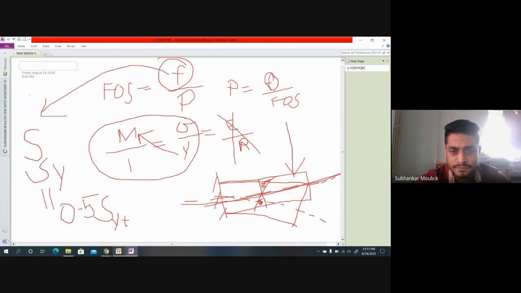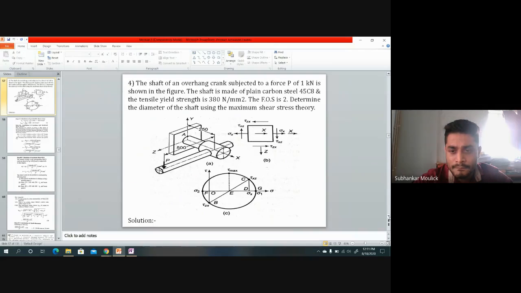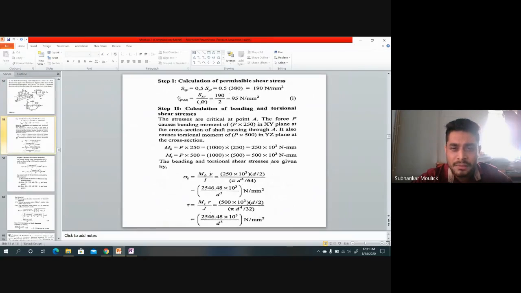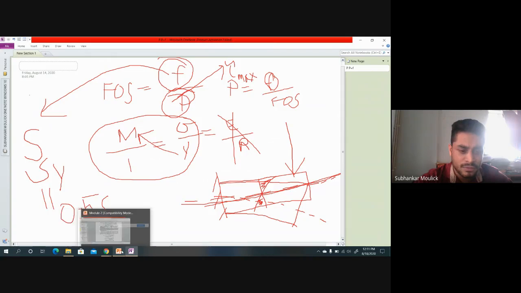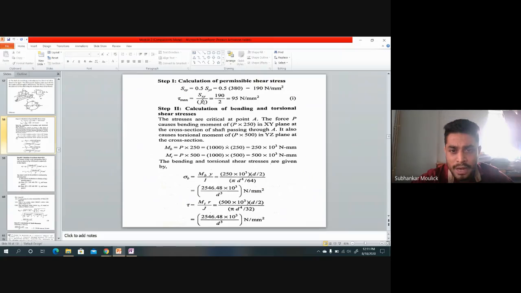Let us find it out. This maximum permissible stress, we are denoting by tau max. So tau max is equal to failure stress by factor of safety, and failure stress is 0.5 times SYT, that is SSY. 0.5 into SYT, which is 380, is 190. So this is your SSY, by factor of safety 2. 190 by 2 is 95 Newton per millimeter square.